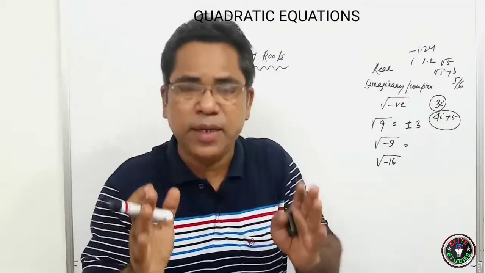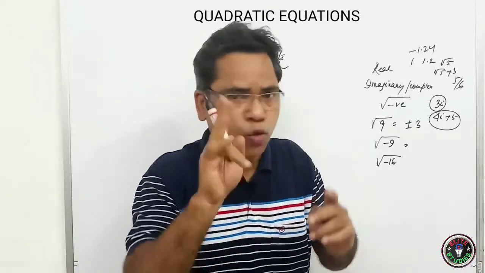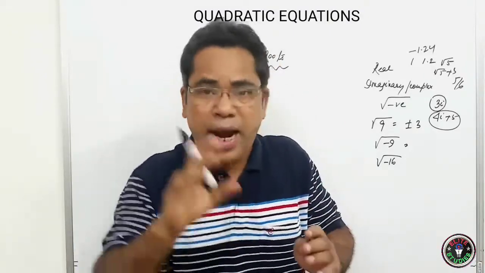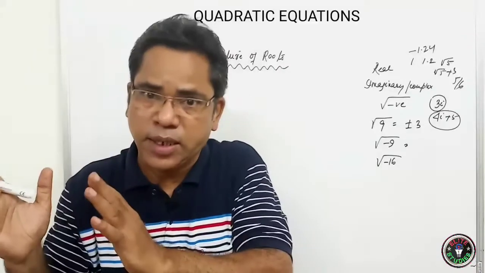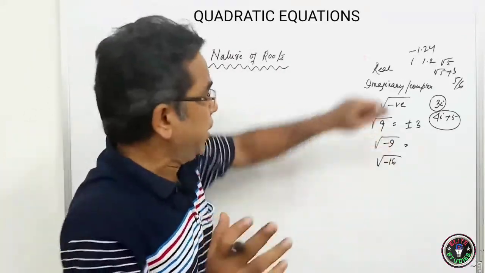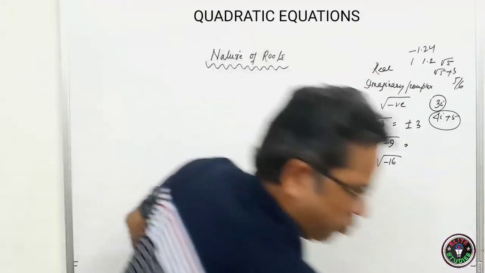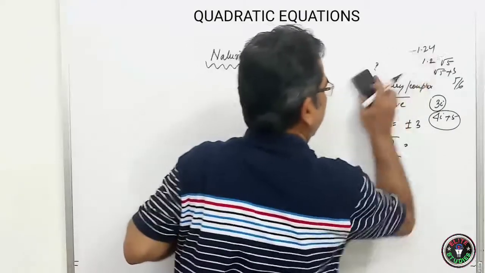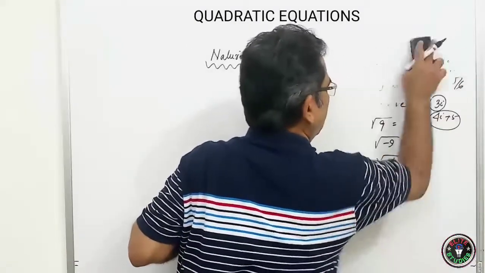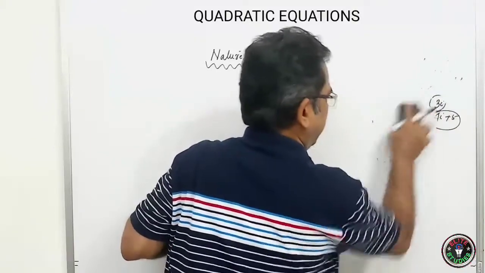I will again repeat, there are some quadratic equations whose roots are equal. There are two roots, both the roots will be equal. And on the other hand, there are some other equations whose roots are unequal. That we will see. That will be another division of real. So now let us see what the divisions are. Let us make the tree to understand it more clearly.